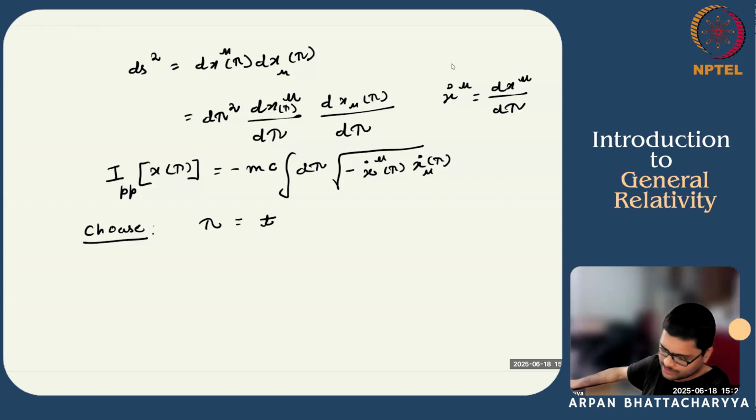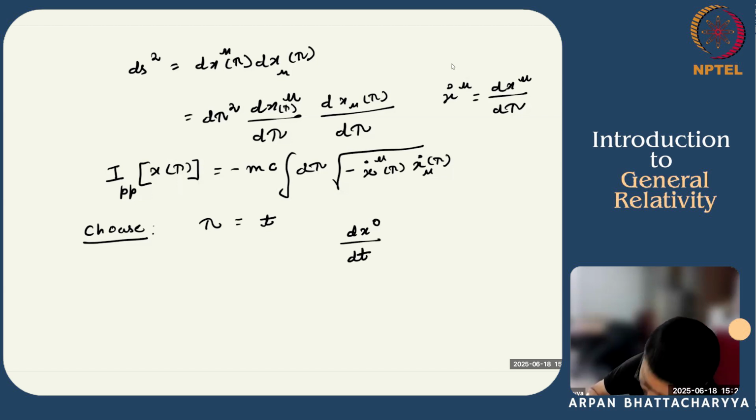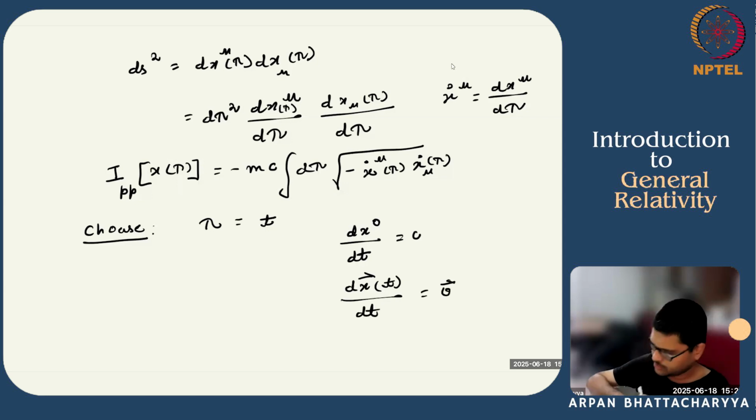Now, if we do that, then we can see that dx0 dt is nothing. X0 is c times t, so dx0 is c. And for the other free spatial coordinates, it gives you the components of the velocity v.